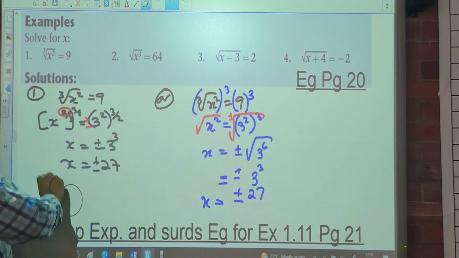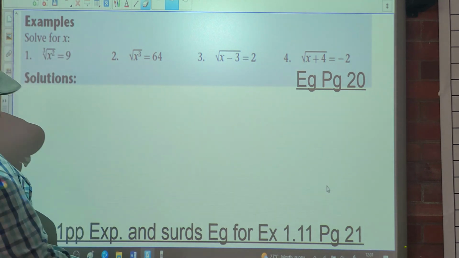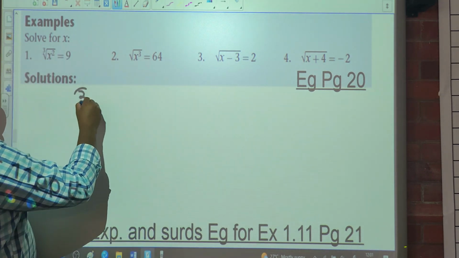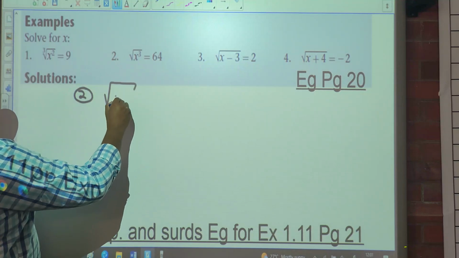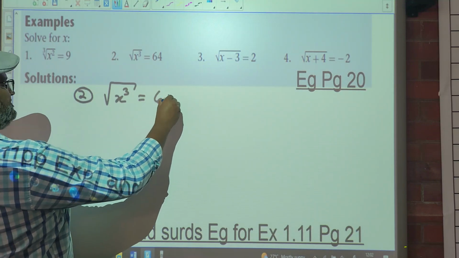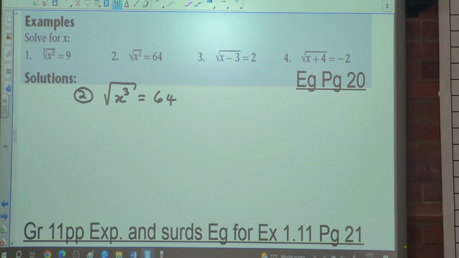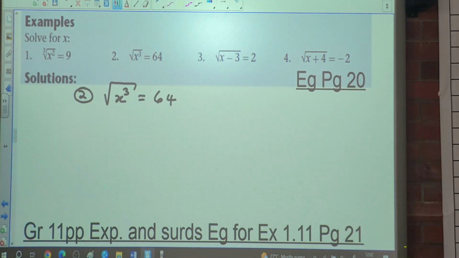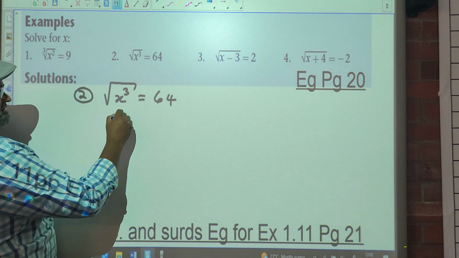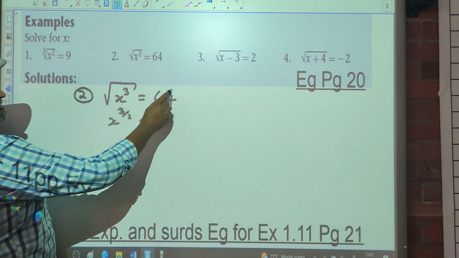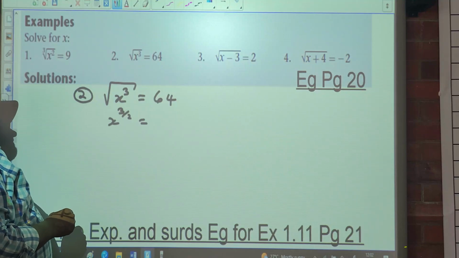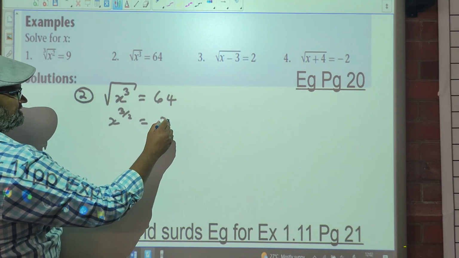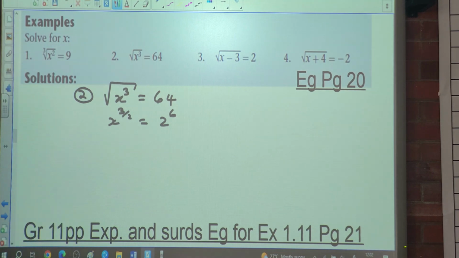Let's look at number 2. You've got the square root of x cubed is equal to 64. I can do it both ways. I'm going to do it using exponents first. So the square root of x cubed can be written as what? x to the 3 over 2 is equal to 64, which can be written as 2 to the power 6. What is the rule if the denominator is even?